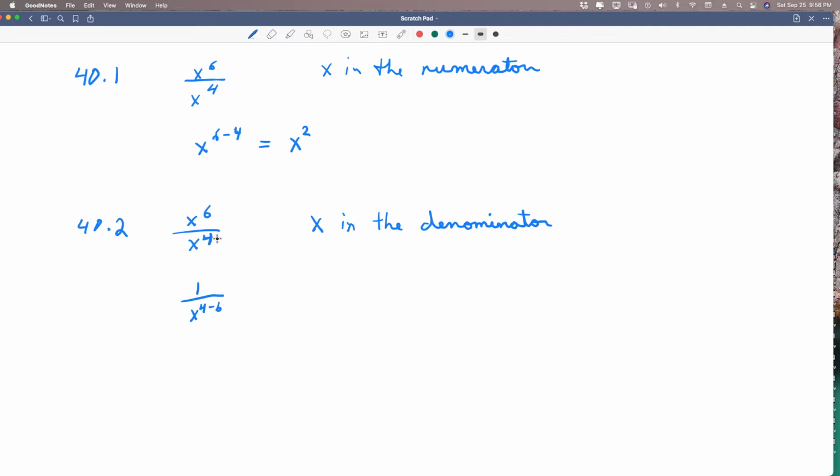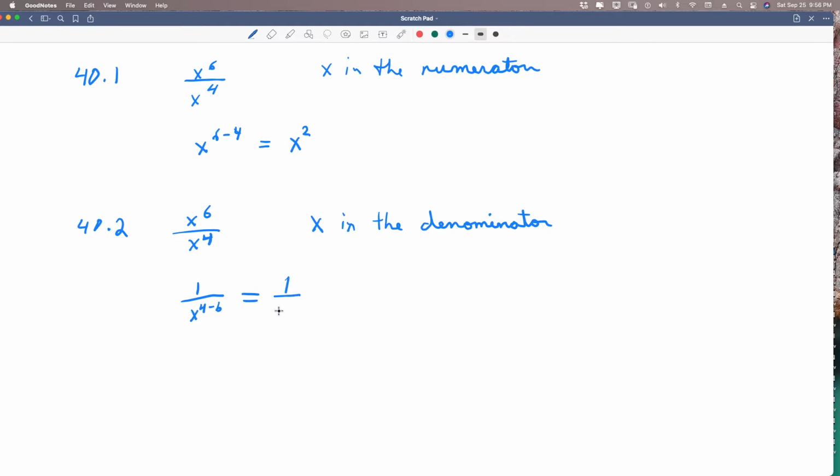The one that's doing the moving is going to be the exponent that is being subtracted. So here the 4 moved up. It was subtracted from the 6. Here, the 6 is moving down to the denominator, so the 6 is being subtracted from the 4. That's how you can remember that. Whichever exponent is moving, that is the one that you subtract.